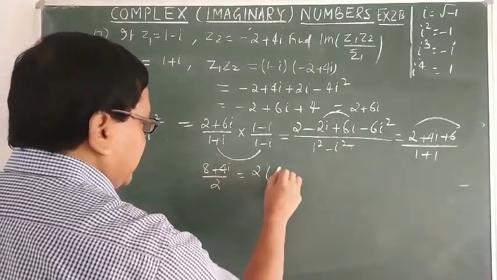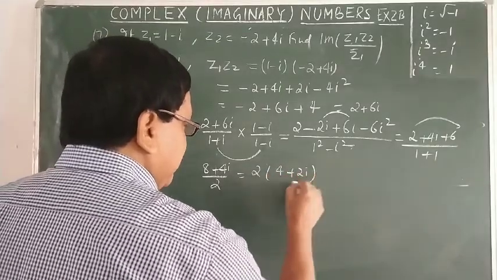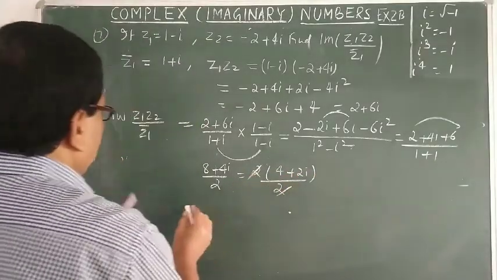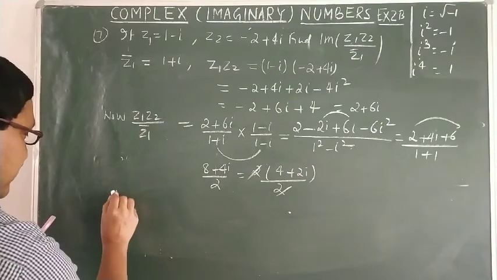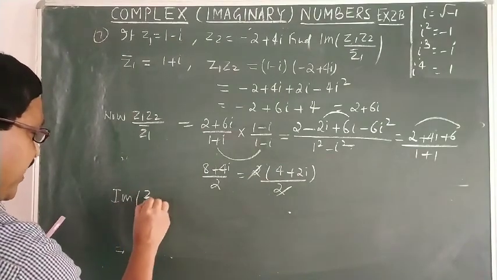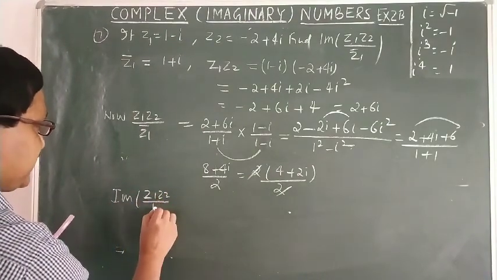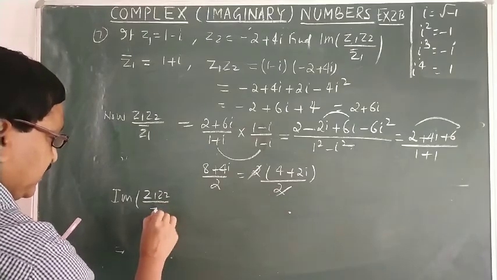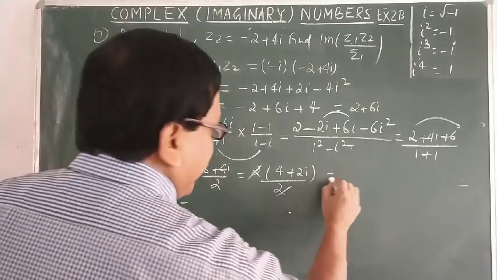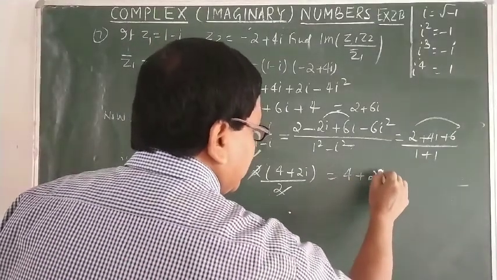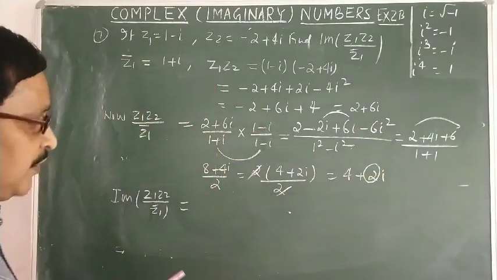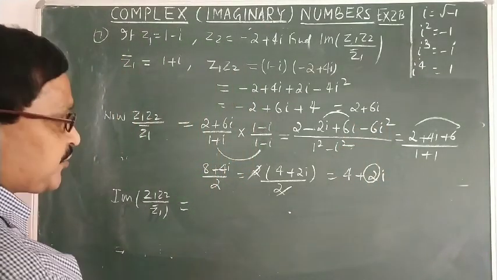So 2 common, 4 plus 2i. Now imaginary part of z1 z2 by z1 bar. So see the imaginary part: this is 4 plus 2i. So imaginary part is 2, the answer.